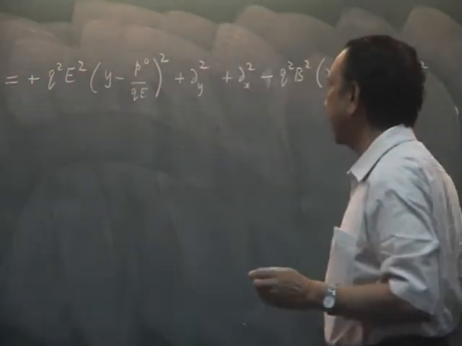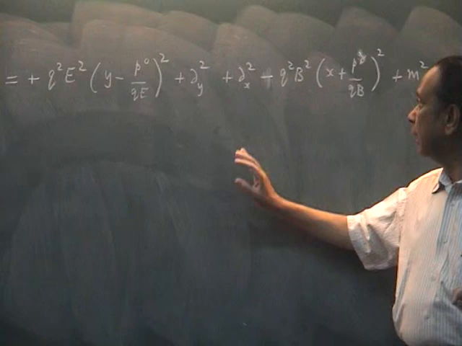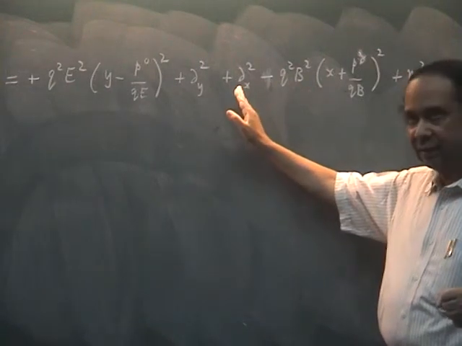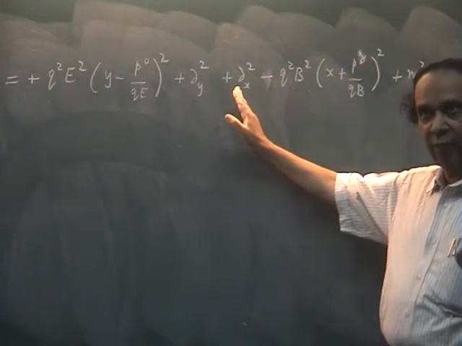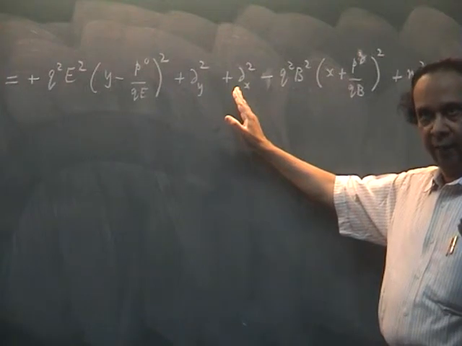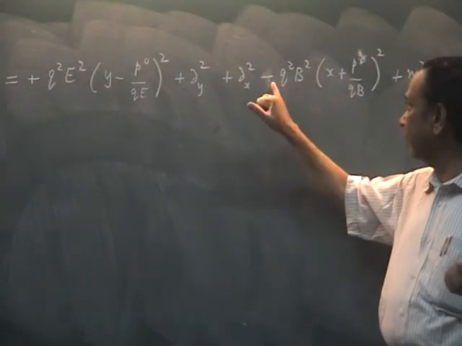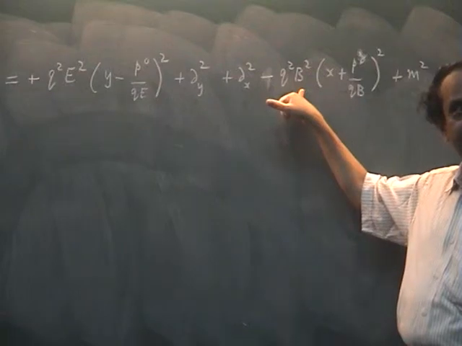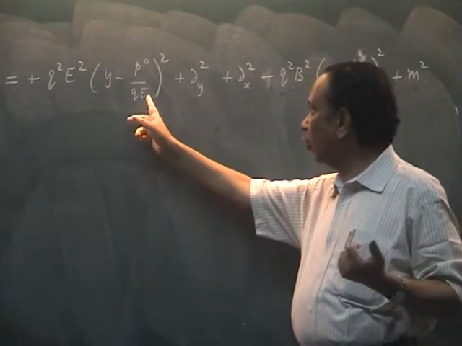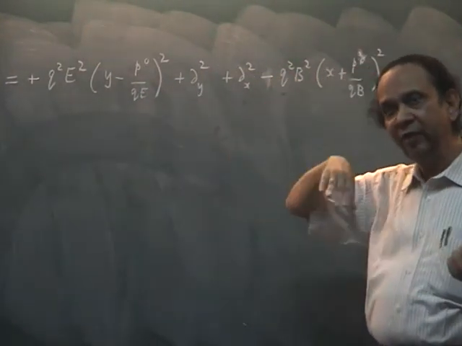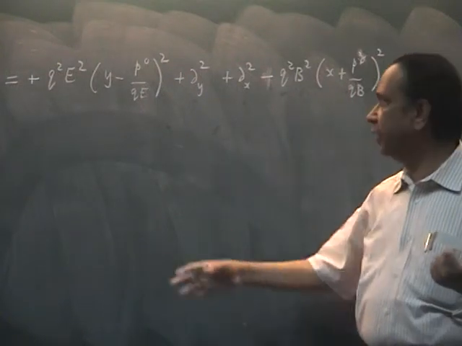So there must be some error in running it through. So what you will find is that the x looks like a harmonic oscillator variable in one dimension with a frequency which is decided by QE, and the y looks like an inverted harmonic oscillator with a frequency QE.